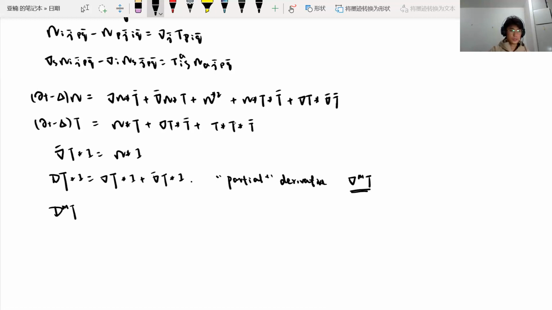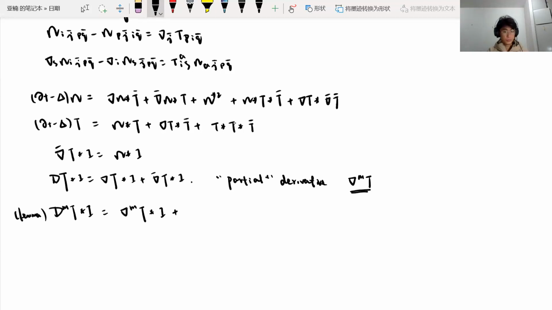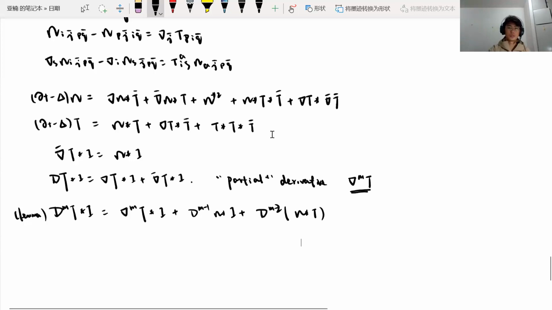We have the lemma. This is just a... Our proof is we will prove by induction.